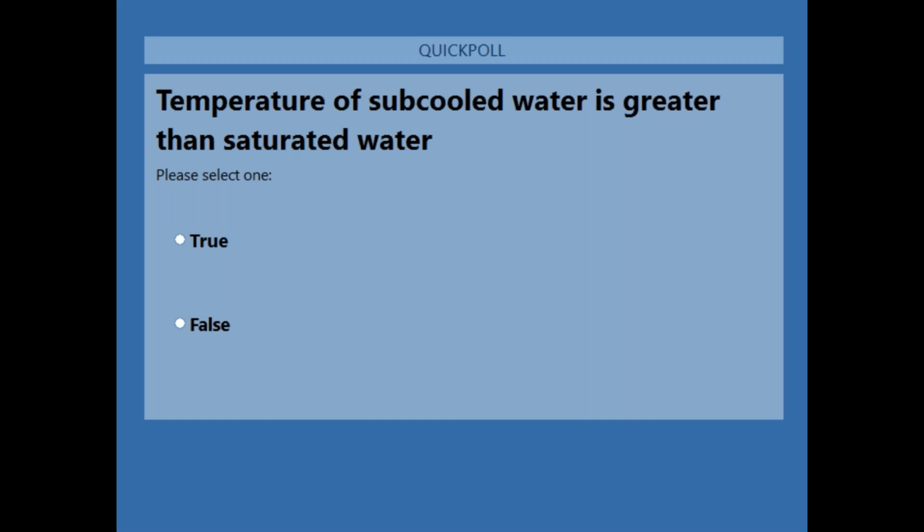We talked about subcooled water and we talked about saturated water. I told you that subcooled or subsaturated water has to do with the relation of that water with the boiling point. If the boiling point is not reached when you are heating the water, that water is called subcooled water.